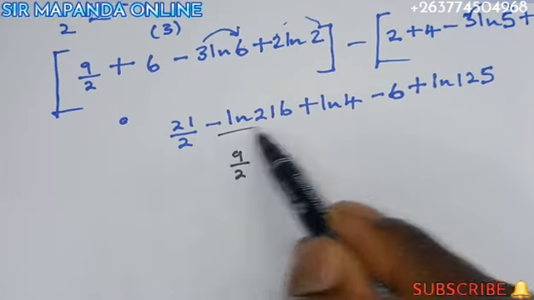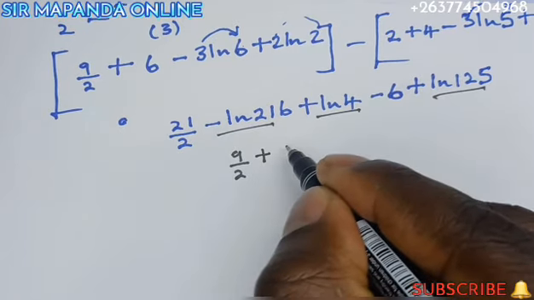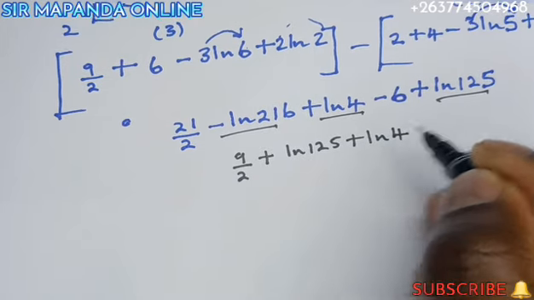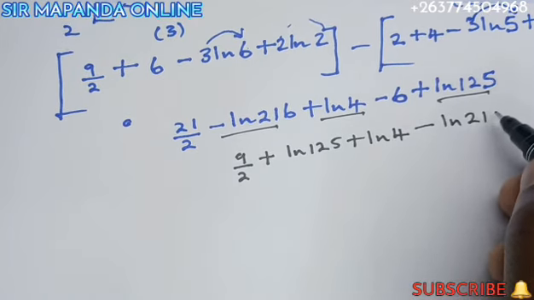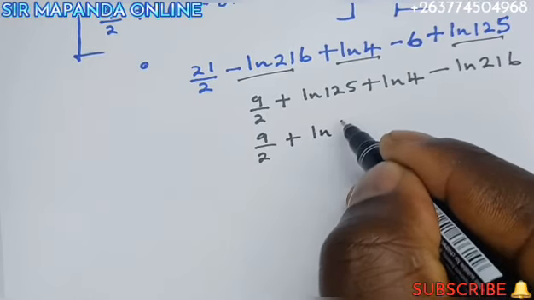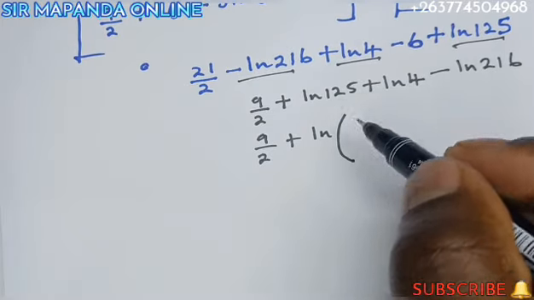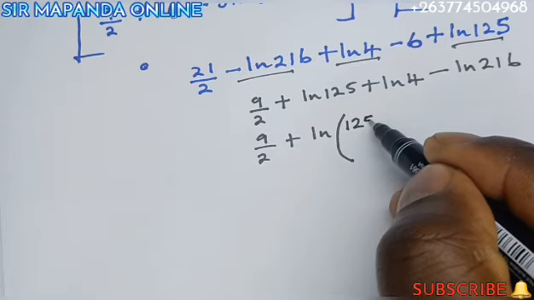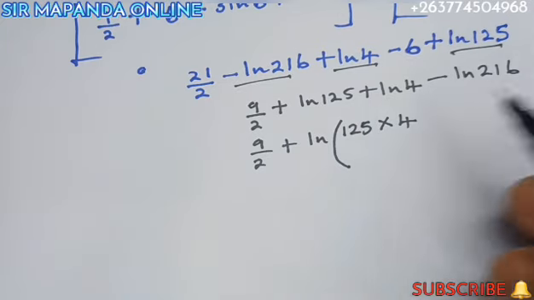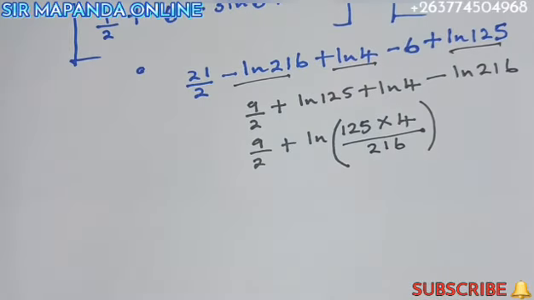Then I'm going to express these 3 logs as a single log. You start by writing the positive logs. So ln 125 plus ln 4 minus ln 216. Then you say 9 over 2 plus ln, then you put open bracket. So remember, if you have a plus, it means you connect 125 with 4 through the process of multiplication. But on this one, you have got a negative. So it means 125 by 4 are going to be divided by 216.